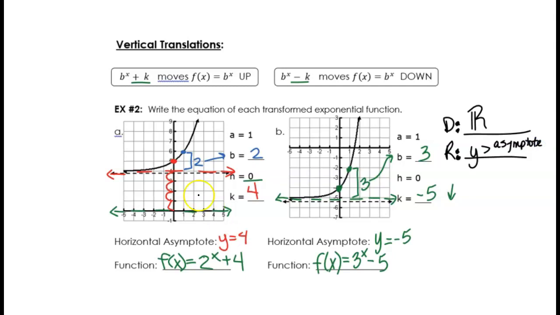So on this one, like you said, all the y values greater than 4. But on this one, what would the range be? The y values greater than negative 5. You're right. So that kind of helps us with the next example that we're going to see, because the last thing that it kind of throws in is domain and range.